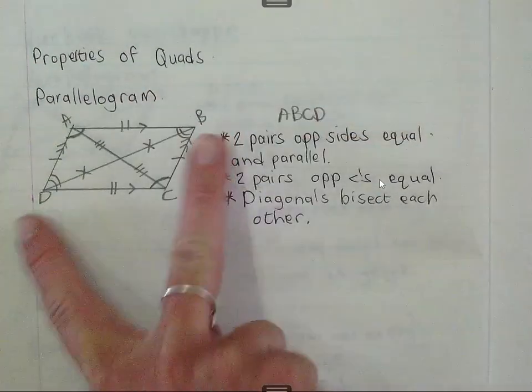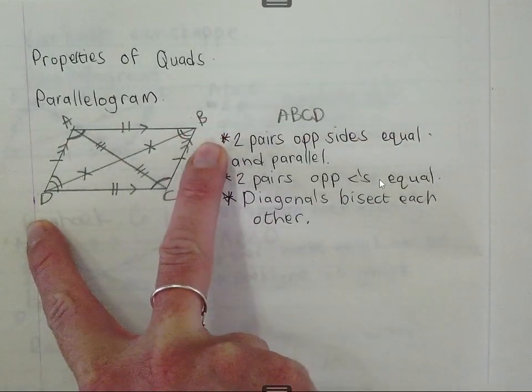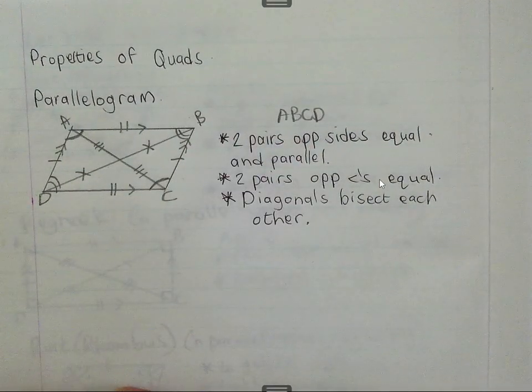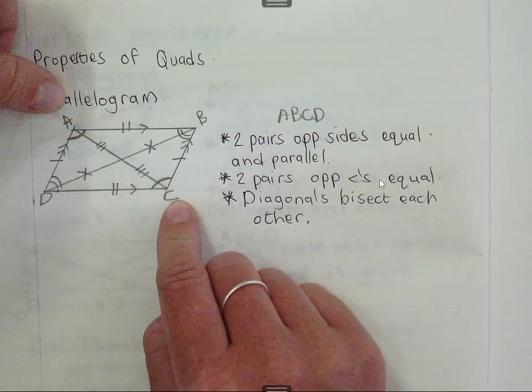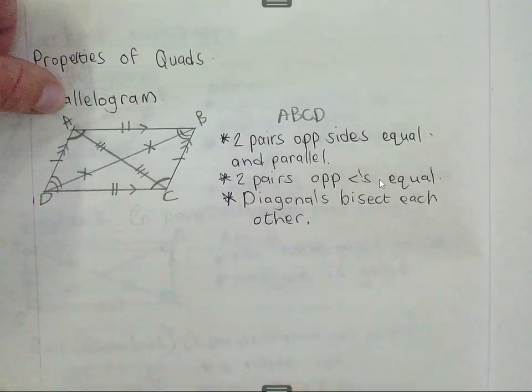But now we don't have the midpoint of BD to help us to get to the coordinate of B. But we can find the midpoint of AC. And if you find the midpoint of AC, then that is also the midpoint of BD.